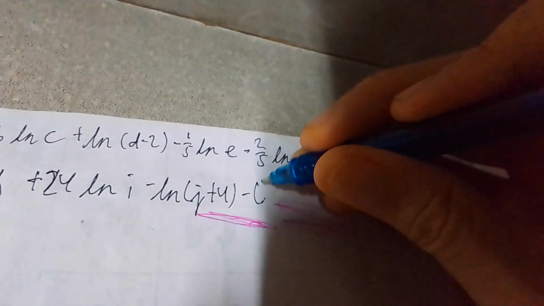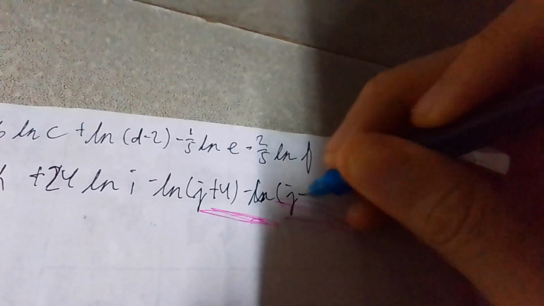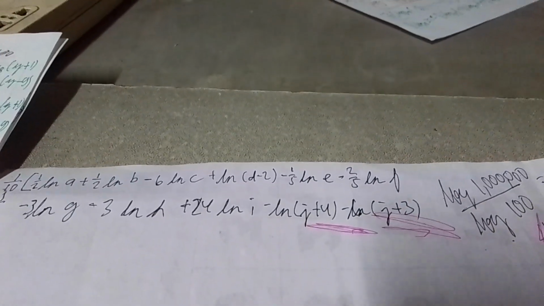So, therefore, that becomes positive 24 ln of I. And then minus ln of J plus 4, minus ln of J plus 3. That's it. Pero we're still not yet done.